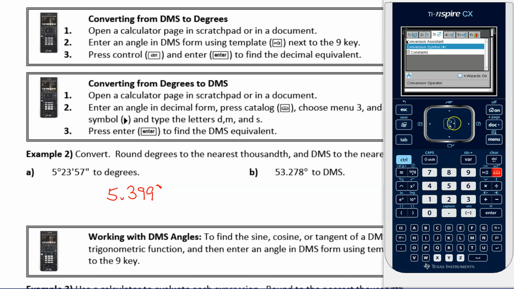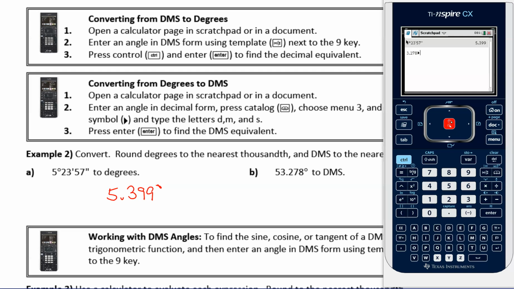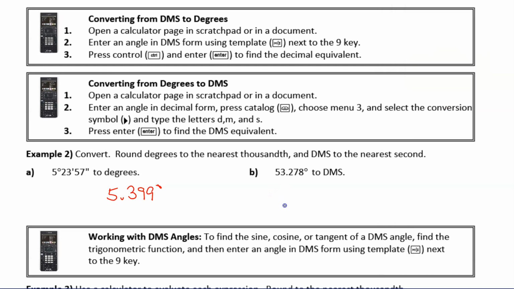But make sure that you're using the sideways triangle. Okay, and then we're going to press enter on that, and then I'm just going to type in the letters D, M, and S, and then press enter. And so we have 53 degrees, 16 minutes, and 41 if we're rounding to the nearest second. So 53 degrees, 16 minutes, and 41 seconds.